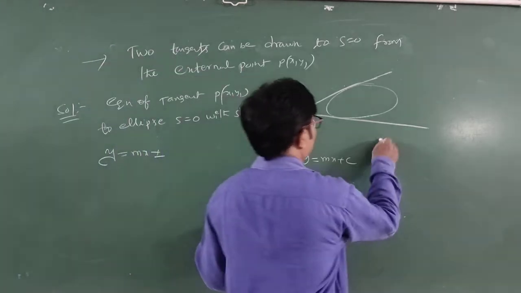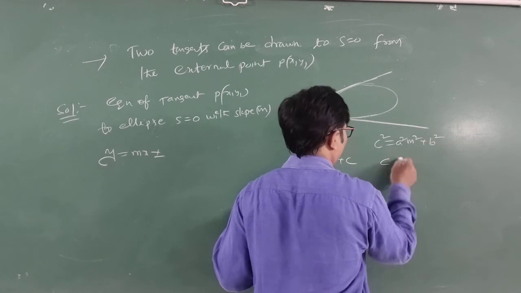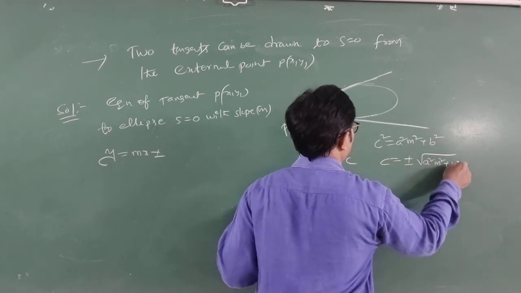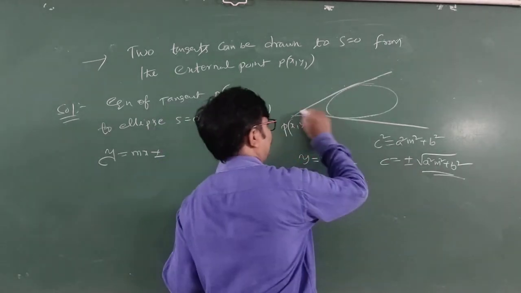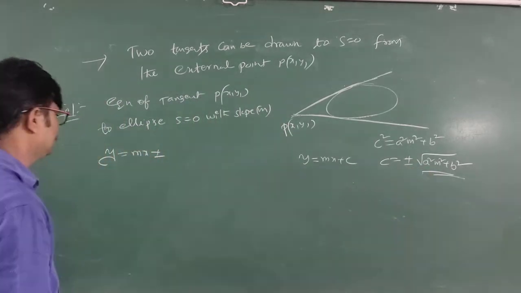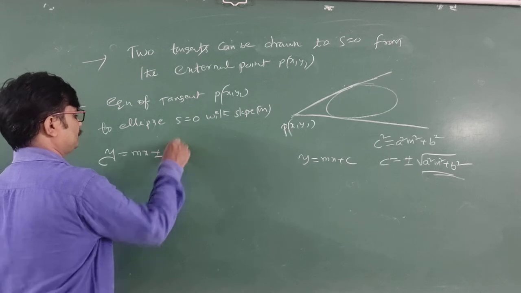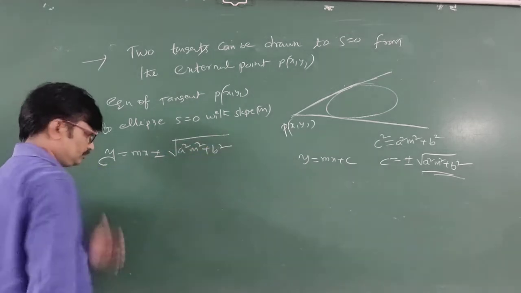We know that c square equals a square m square plus b square, where c is plus or minus the square root of a square m square plus b square. When we take the plus sign, that is one tangent. When we take the minus sign, that is the other tangent. y equals mx plus or minus the square root of a square m square plus b square.